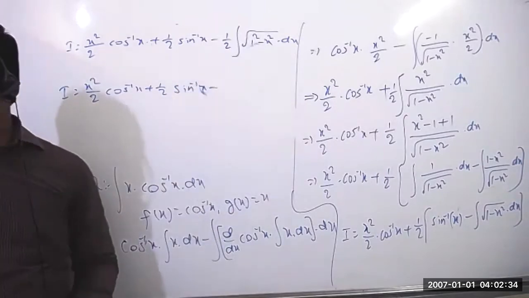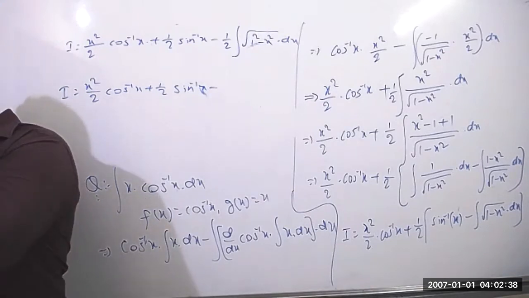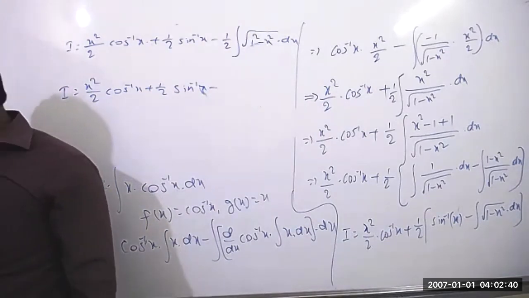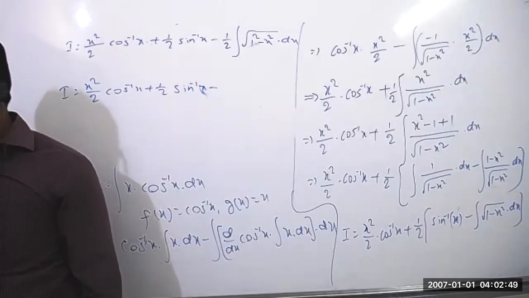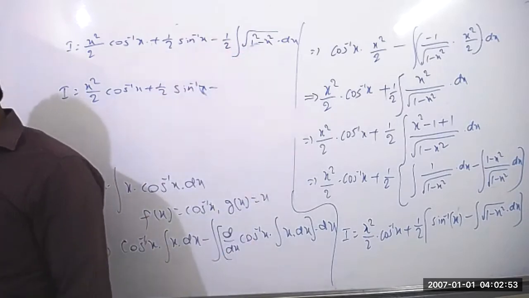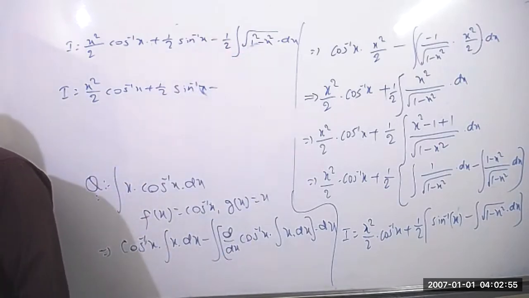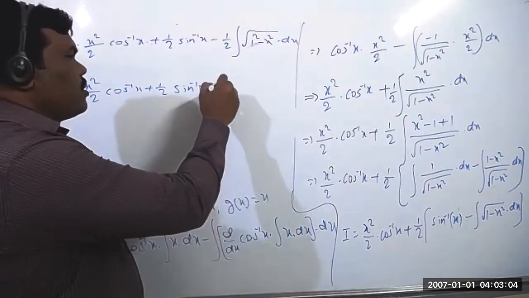What about this formula now? Integration of root of a square minus x square, just now we did that. Integration of square root of a square minus x square, please tell me what is the formula we have for that? x by 2 into root of a square minus x square plus a square by 2 into sin inverse of x by a.